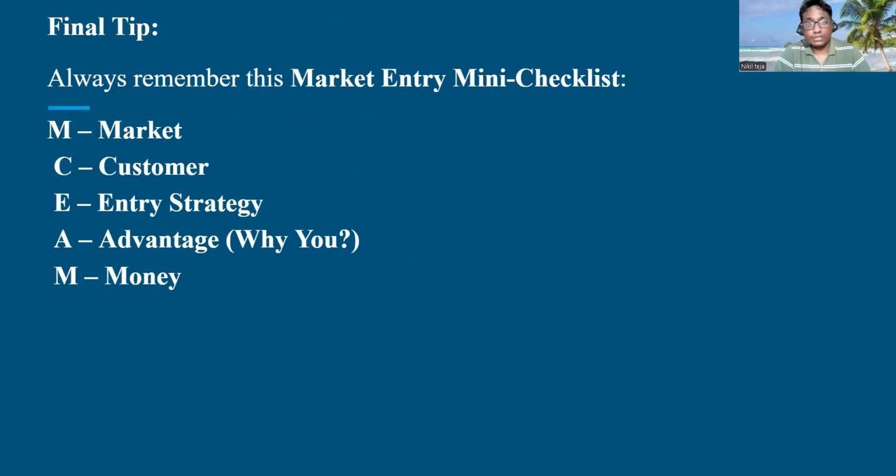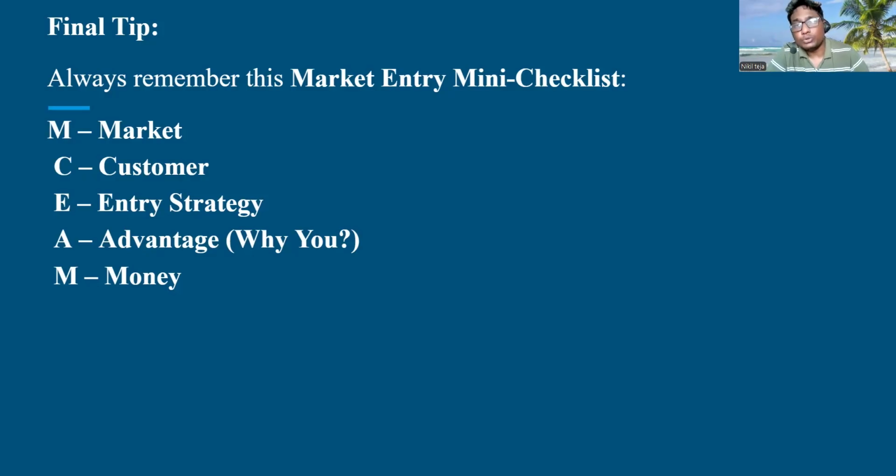So, final tip. Always remember this market entry mini checklist. Sorry guys. Basically, I have told you about the five step market entry strategy framework, right? First, you need to do market and industry analysis. Next, customer analysis.